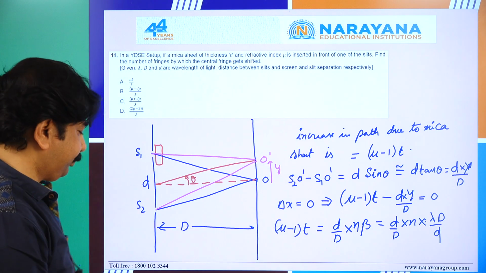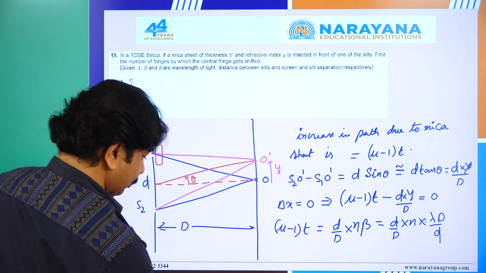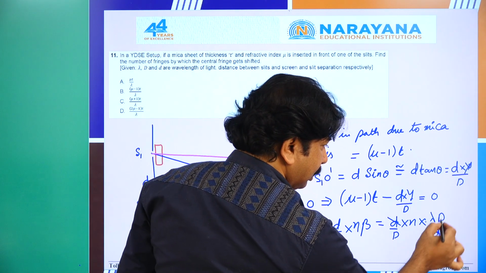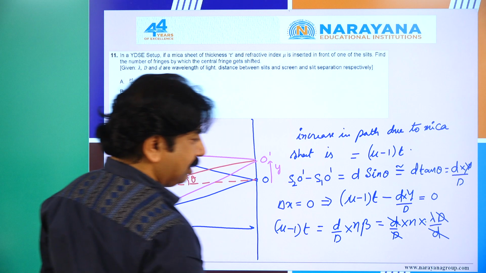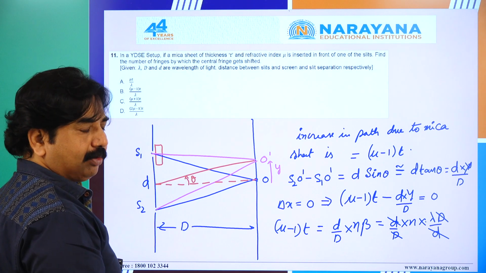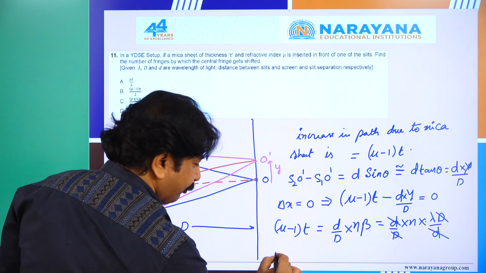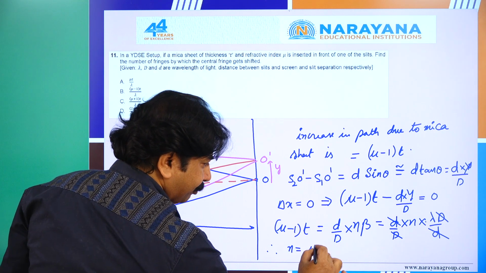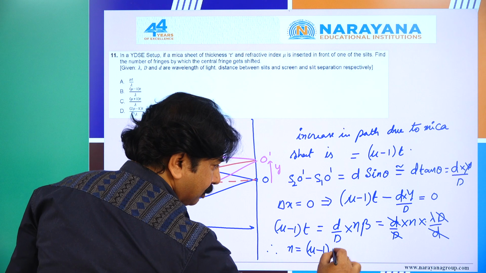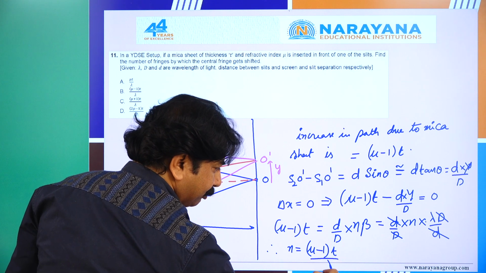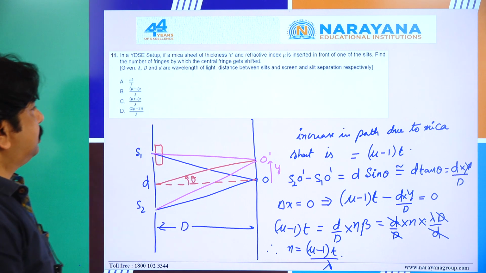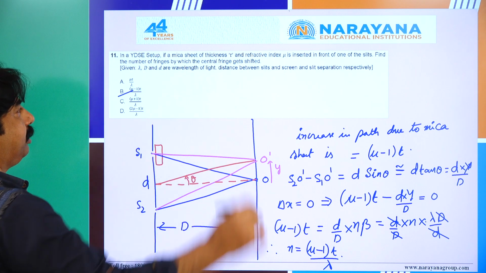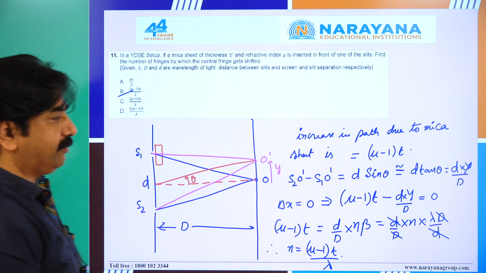Already we know. So d and capital D get cancelled. So (mu minus 1) into t should be equal to n lambda. Therefore n is equal to (mu minus 1) into t by lambda. This is the formula, and this is the answer. Second one is the answer.